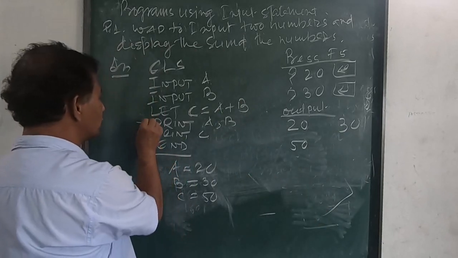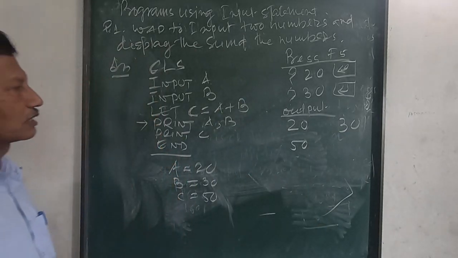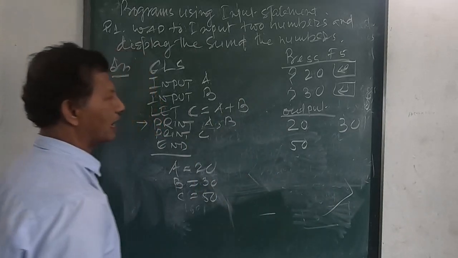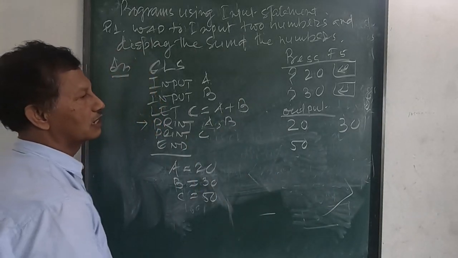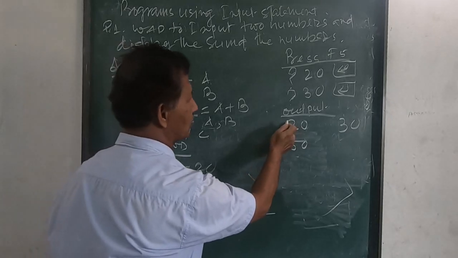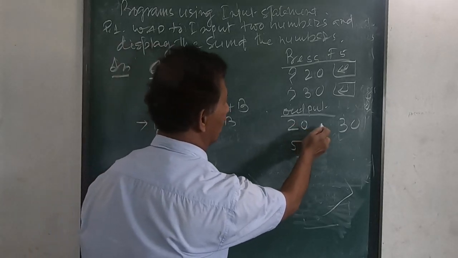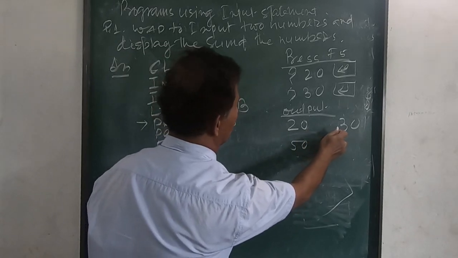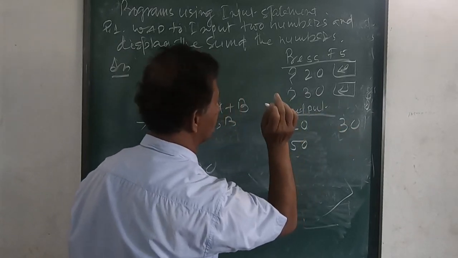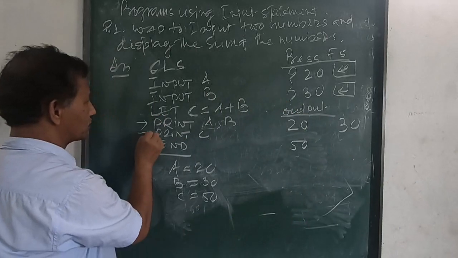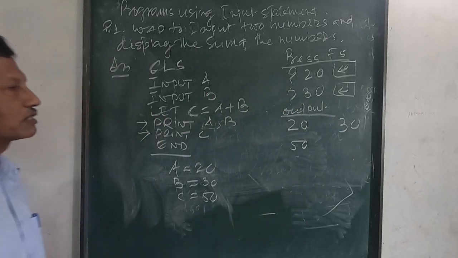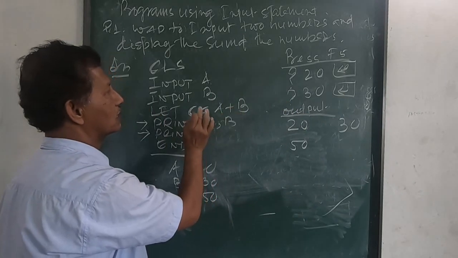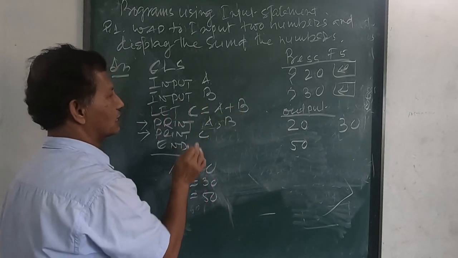Since there are two print statements, the first print will display the values of A and B, that is 20 and 30. After printing 20, it will leave a blank space, and next will be 30. The next print statement, print C, will print the sum of the two numbers, A plus B, that is 50.